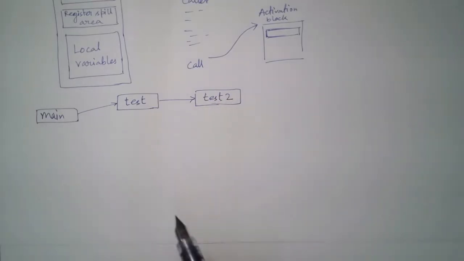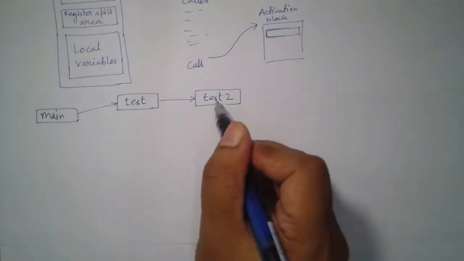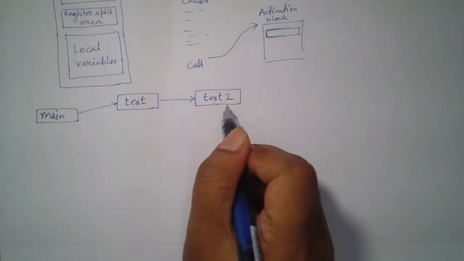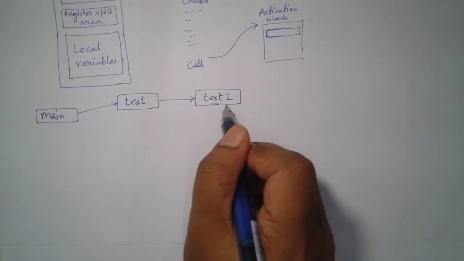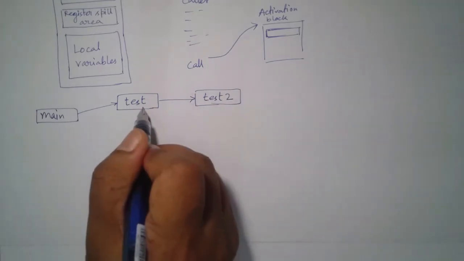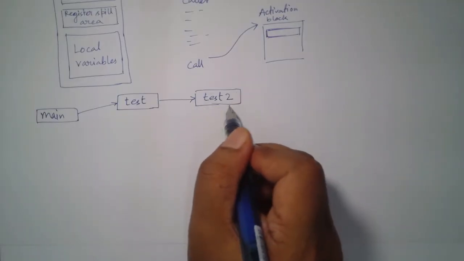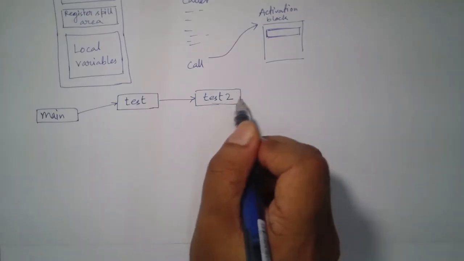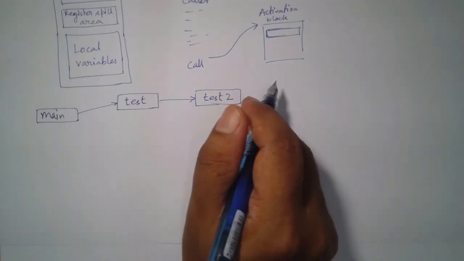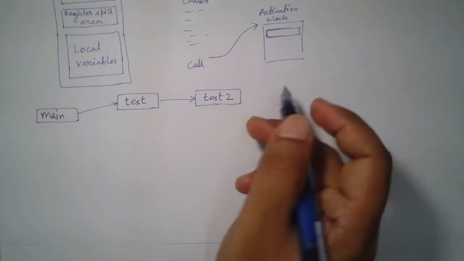Now, how will the return happen? First, once the test2 execution is done, it will return to this function, and all the things reserved for test2 I can now reclaim, because once test2 is evaluated I do not need it anymore.